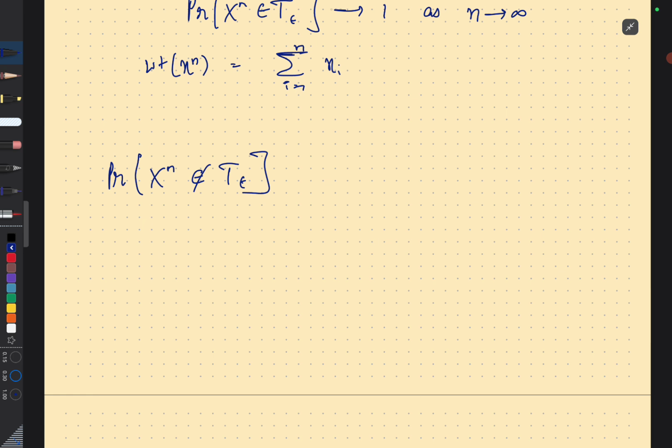So it's a sum of IID Bernoulli P random variables. So you can use your favorite concentration inequality. In this case, we can use the Chernoff bound for Bernoulli P random variables. And this is less than or equal to 2 times e to the minus n p epsilon squared by 3 for epsilon between 0 and 1, by the Chernoff bound.